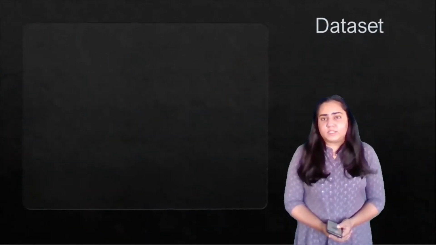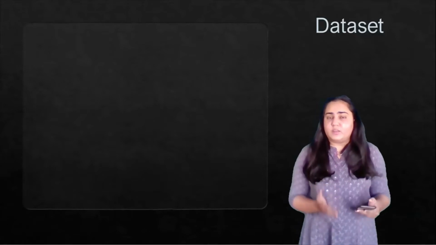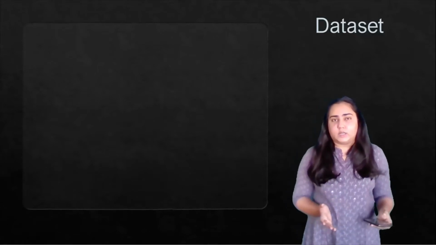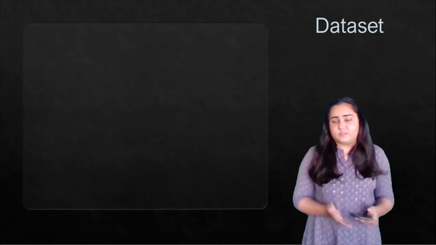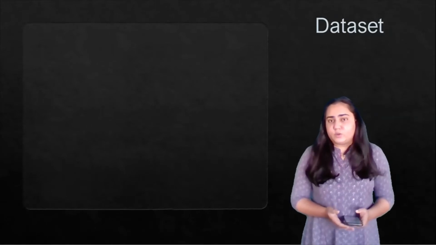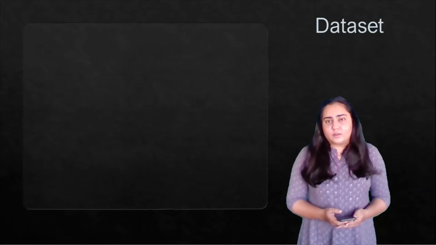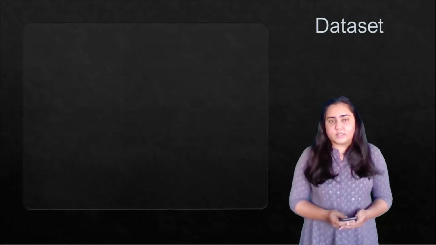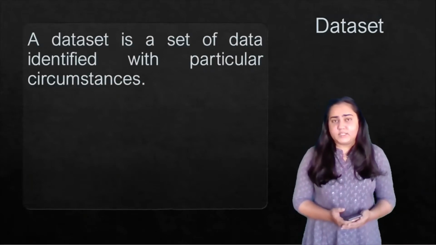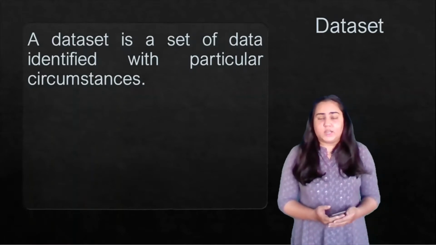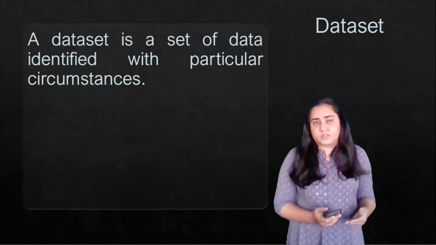Now, let's see what a data set is. This is very important in this entire subject of data analysis and visualization, because we'll be working with a lot of data sets. So let's try to understand what exactly a data set is. A data set is a set of data identified with particular circumstances.